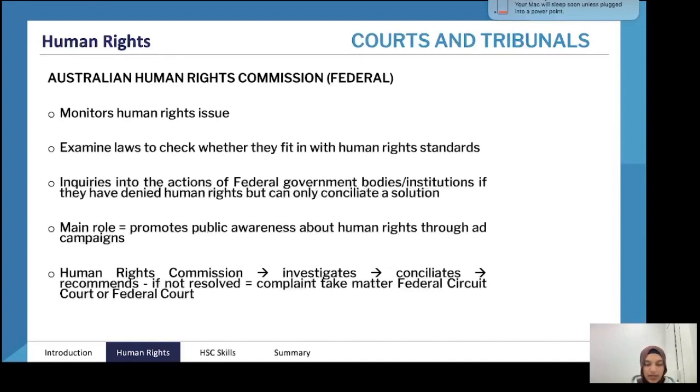The main role is to promote public awareness about human rights through ad campaigns. So the Human Rights Commission investigates, conciliates, and then recommends. If not resolved, they can complain and take the matter to the Federal Court or the Federal Circuit Court as well.